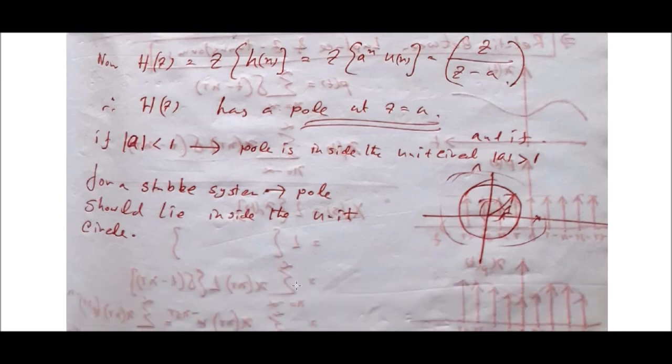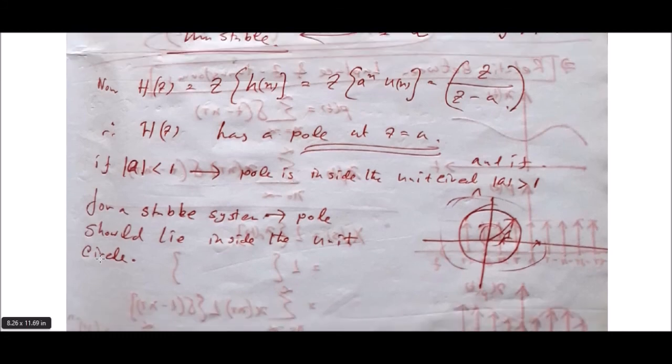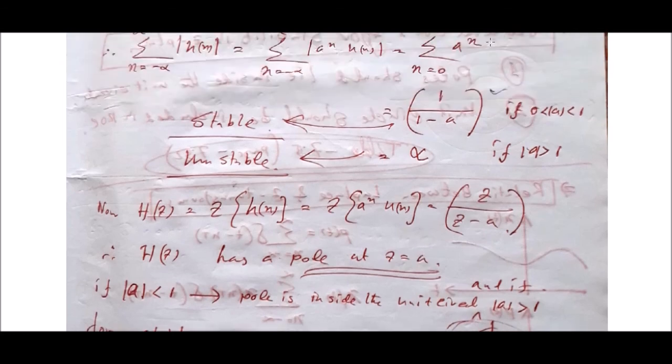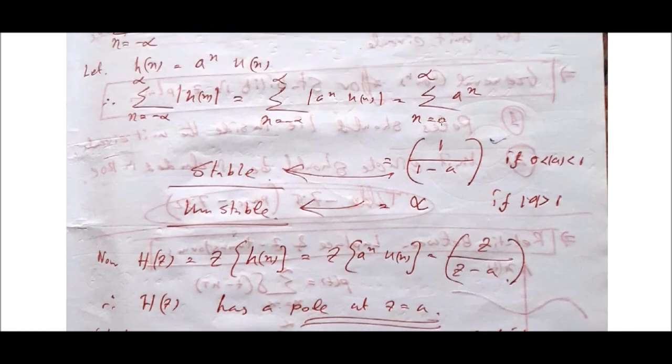Okay, so remember that for a stable system, the pole should lie inside the unit circle. That means your pole, z equal to a, this a value should be less than 1. It is the property, because you have already seen that the a value should be less than 1 from here.